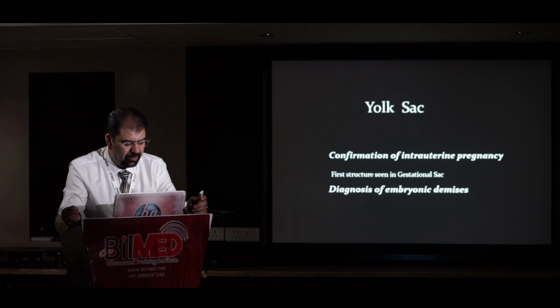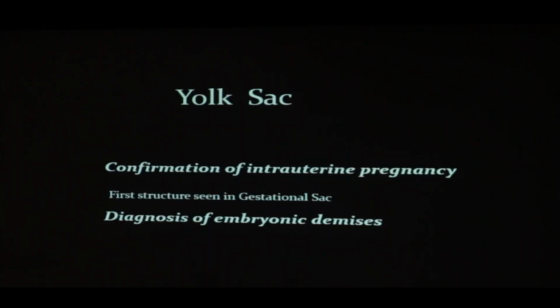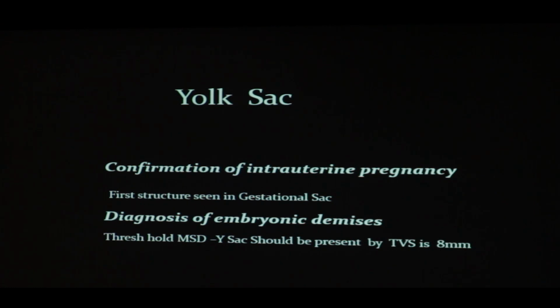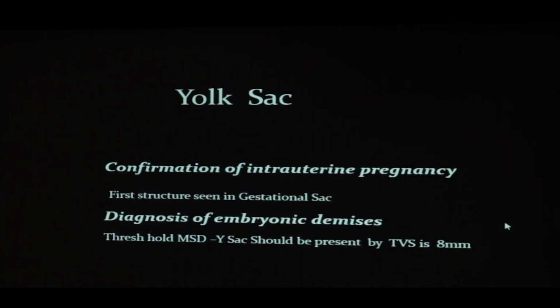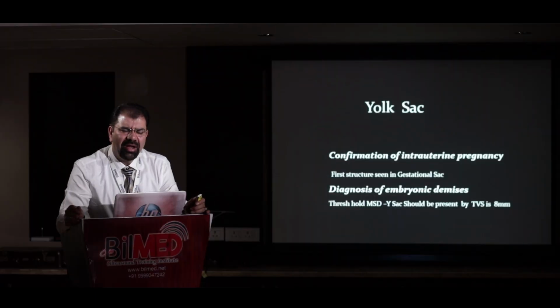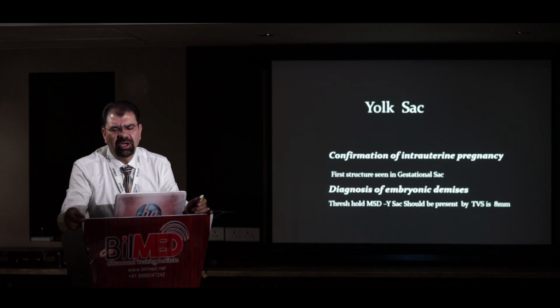As already said, this is the first structure located in the gestational sac. And the next is, it diagnoses embryonic demise. Please try to understand how this structure diagnoses embryonic demise. Now, I am seeing a fetal pulsation-like thing.